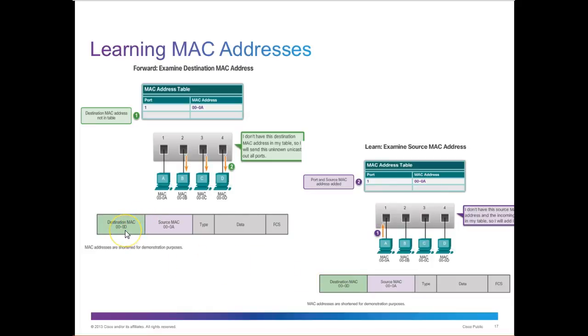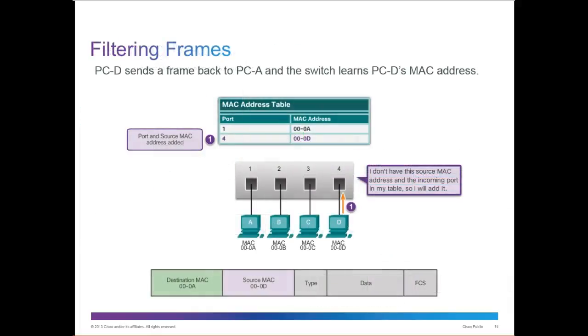Here the destination MAC is 00D, and 00D is over here, but the switch didn't know that, so it sent it out every port. D will reply, and then that will be put in the table. So the source MAC address is added when a message comes in, and the destination MAC address is added as a source address when it responds.